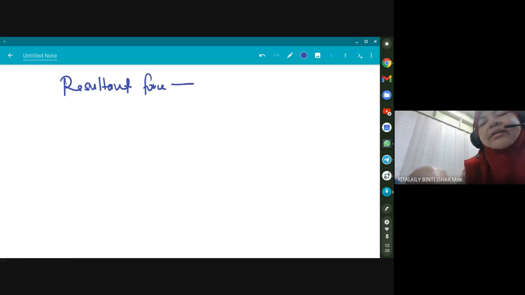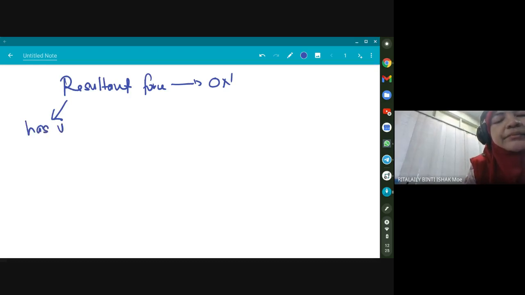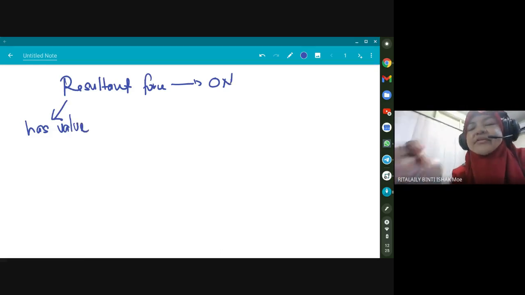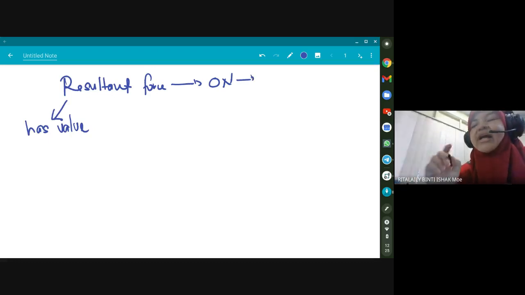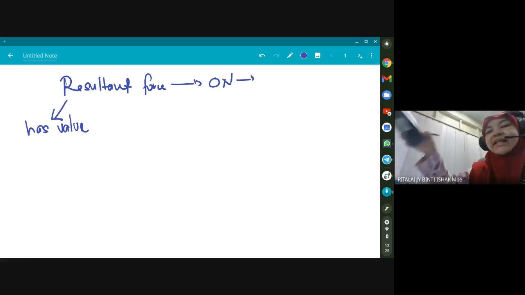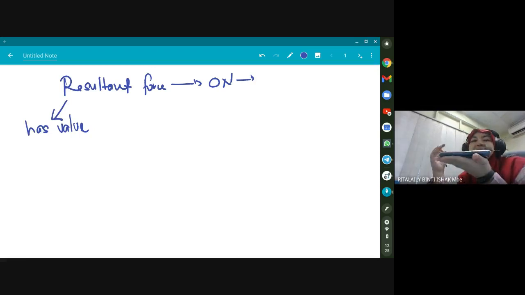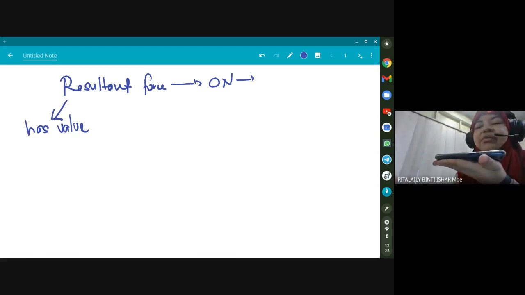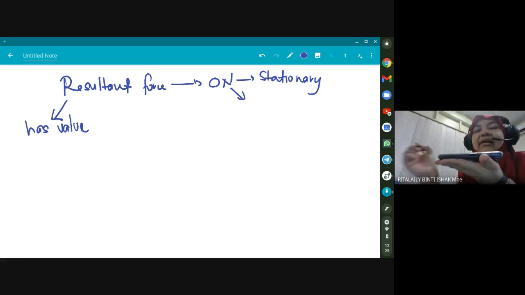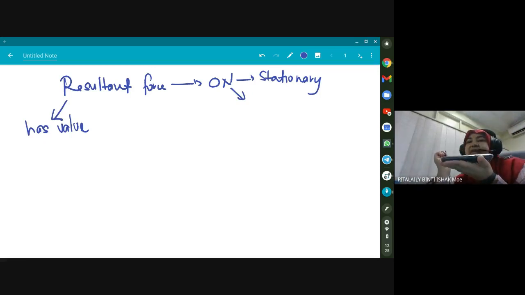Okay, when the resultant force is 0 and when the resultant force has a value. If the resultant force is 0, like just now when we put an object on a surface, the object will either be stationary or can the object move if the resultant force is 0?